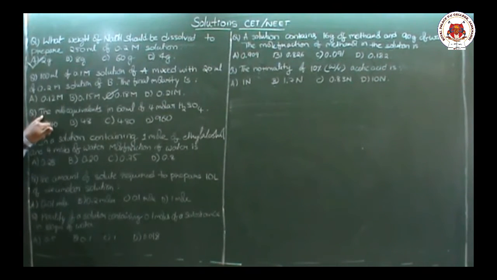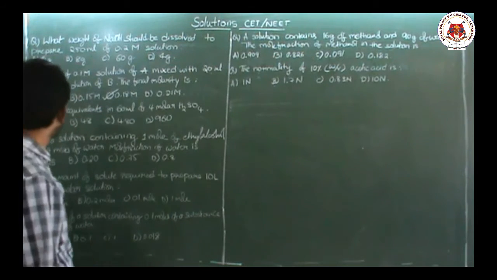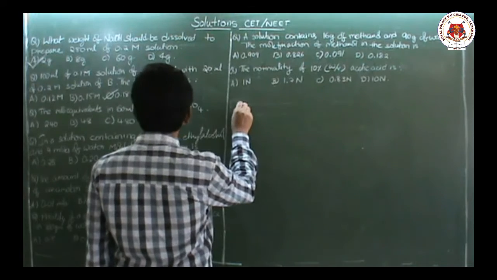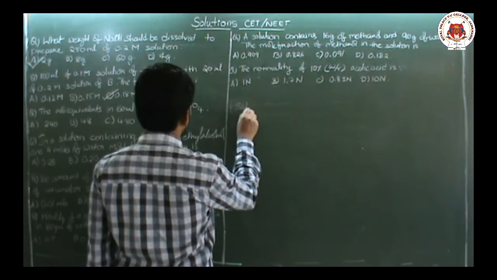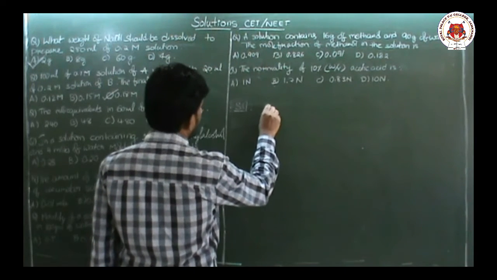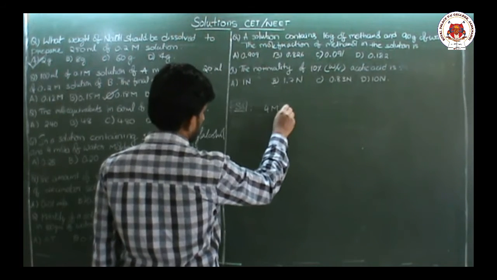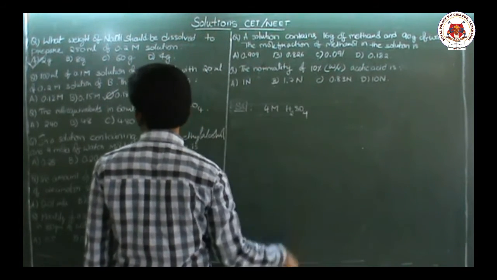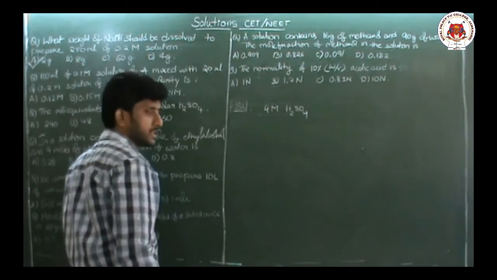Next one: the milliequivalents in 60 ml of 4 molar H2SO4 is. Now we have 4 molar H2SO4. They are asking how many milliequivalents of H2SO4 are there in this.